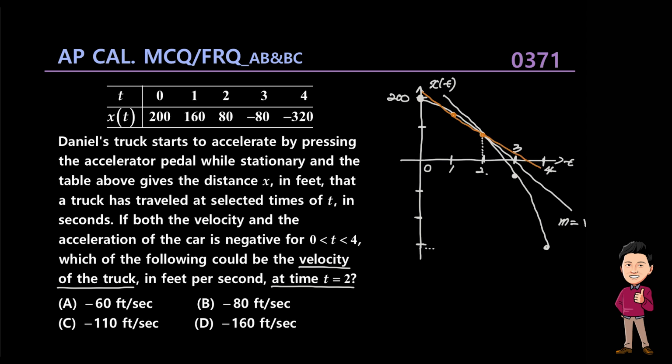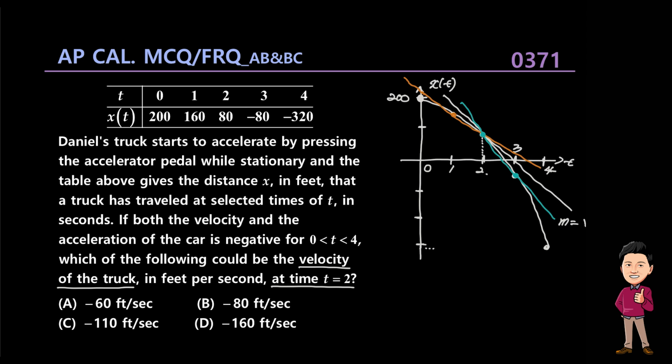And the second secant line that passes through these two points is this. So far so good?